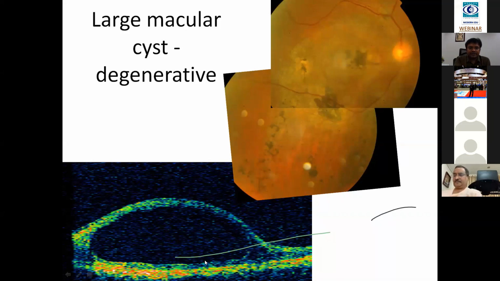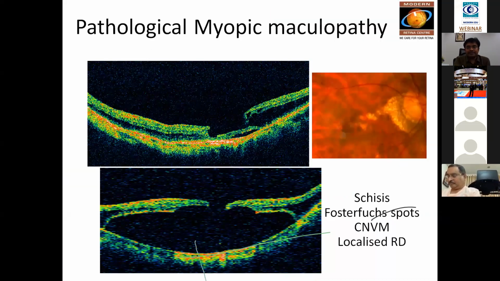If there are intervening septae, that indicates it is not so chronic and will respond to treatment. But if you don't find any intervening retinal tissue and you find a large cyst like this, it is basically a degenerative cyst, it will not respond to any treatment and there is no point in treating these patients.